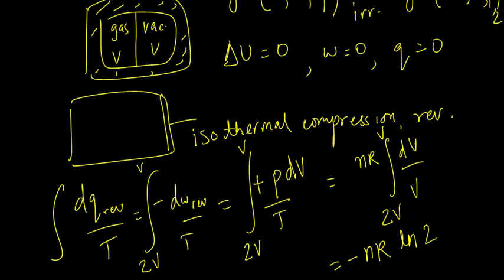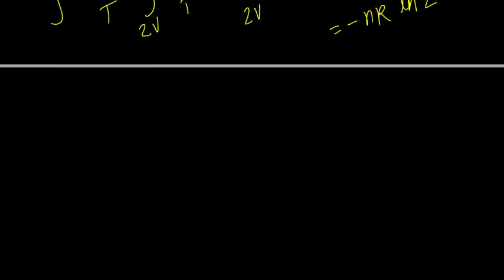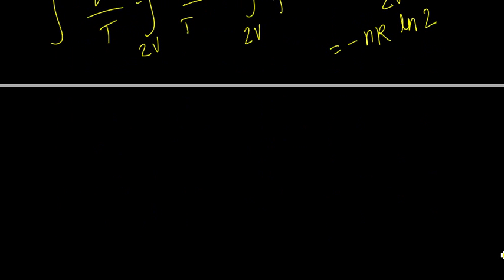So that's what the change in entropy is, right? That is the change in entropy of the reversible compression. So the expansion is the negative of this, which means delta S of the spontaneous process is equal to nR ln 2.